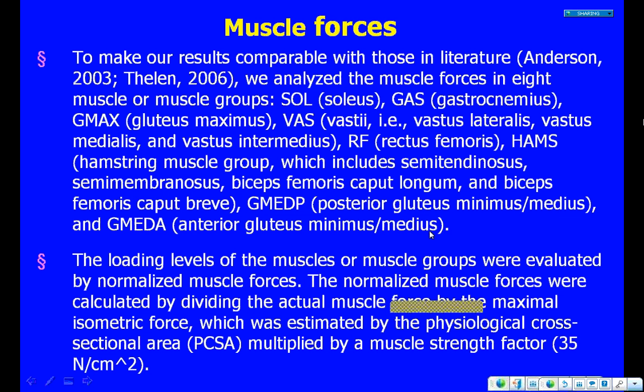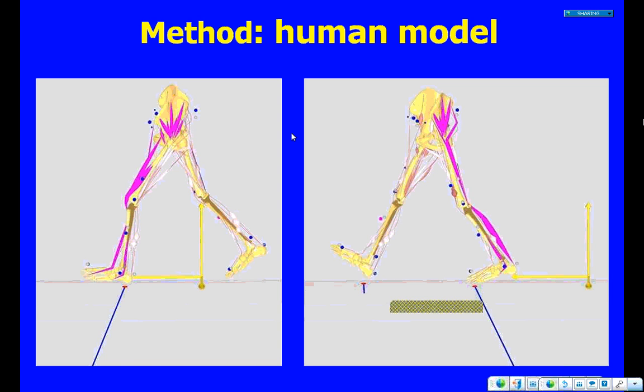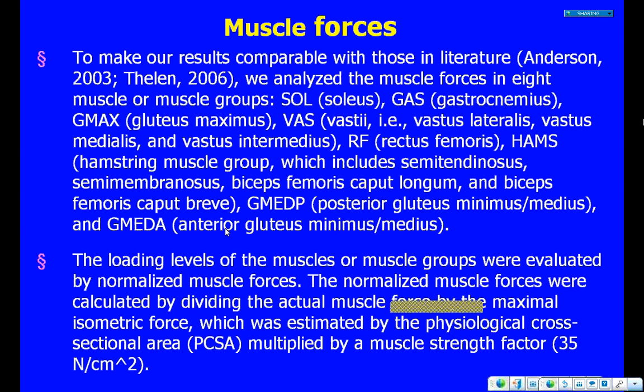The loading levels of muscles were evaluated by a normalized muscle force. The normalized muscle force was calculated by dividing the actual muscle force by the maximal isometric force, which is estimated by the physiological cross-section area, PCSA, multiplied by the muscle strength factor, typically 35 to 40 Newtons per square centimeter. So now I will show you the model we used.